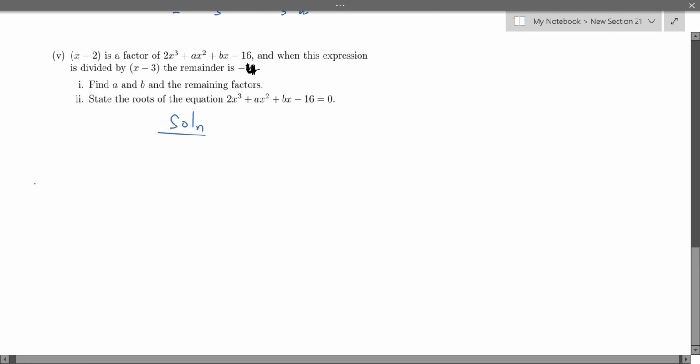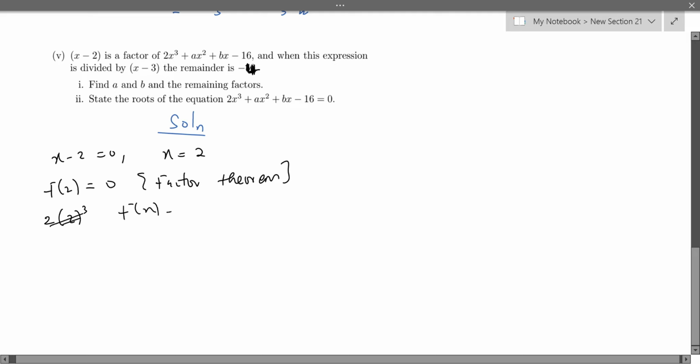Alright, so yes, s minus 2 is a factor, so we use the factor theorem. s minus 2 equals 0, so it means that s is equal to 2, so f of 2 is 0. This is the factor theorem. We put 2 into that expression. f of s is given to be 2s cubed plus as squared plus bs minus 16.